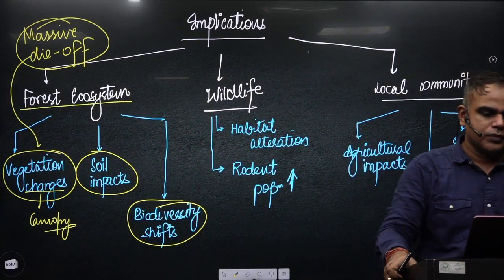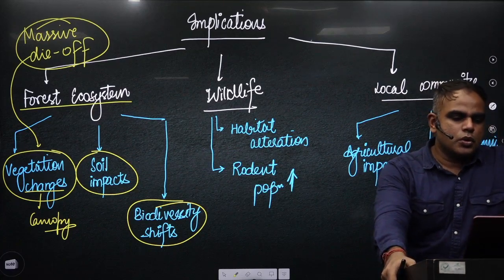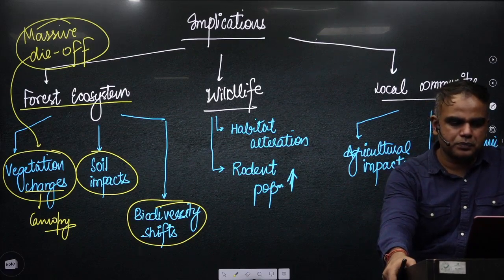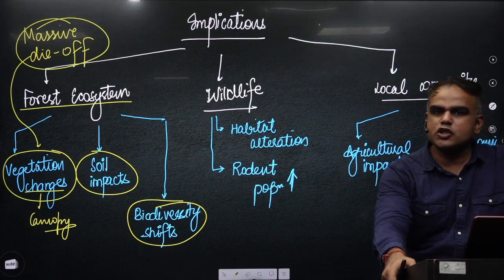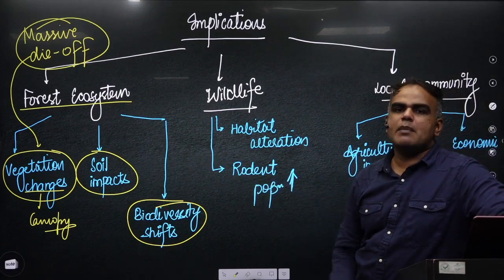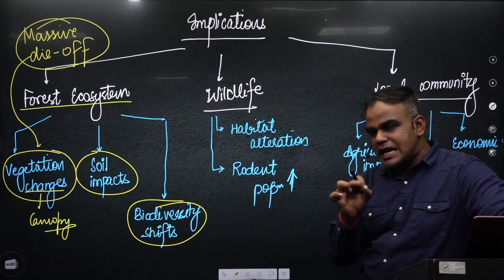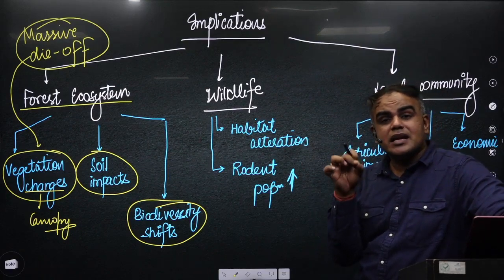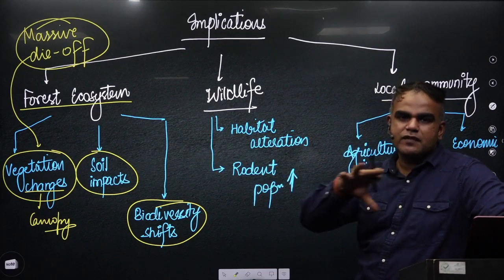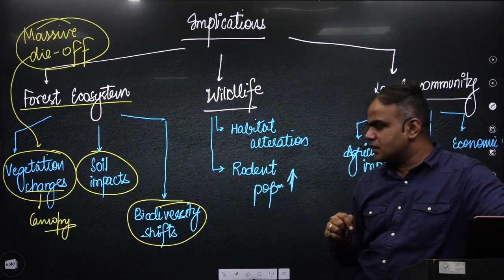Because the decomposition of bamboo will happen, there can be some increase in soil nutrients, but there can also be erosion because of loss of the vegetative or ground cover.